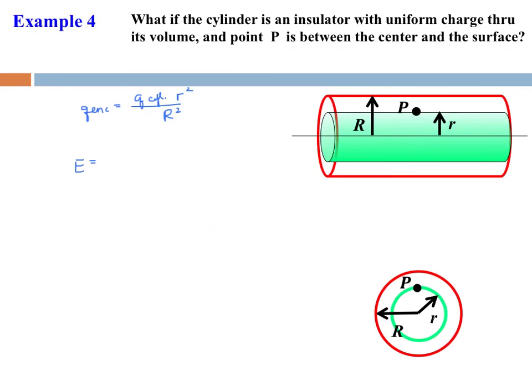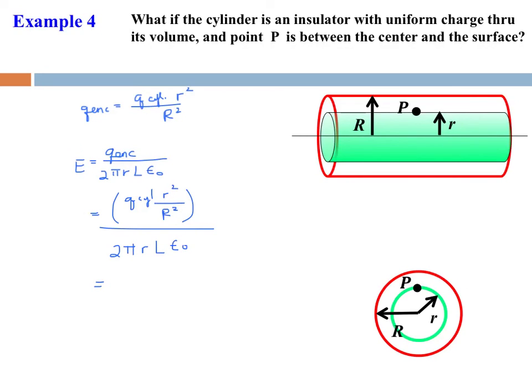Now, we derived our equation earlier, which was Q enclosed over 2 pi r L epsilon naught. So now we can replace the charge enclosed with our new equation. Remember, little r is the radius of our Gaussian surface.